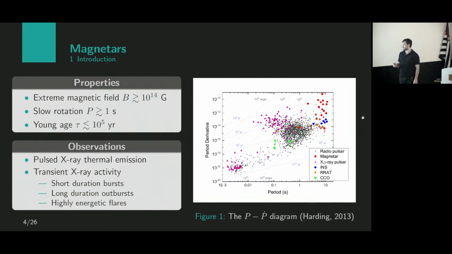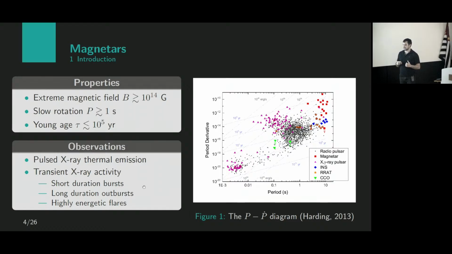From this type of objects, we usually observe X-ray emission, some pulsed and persistent, but the most interesting part of the emission is the transient one, which is composed of short duration bursts. So the magnetar is usually quiescent, we don't even observe them, but at some point it emits a short burst in X-rays, followed by some afterglow.